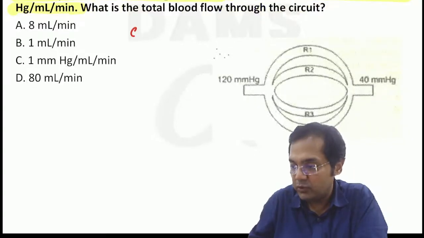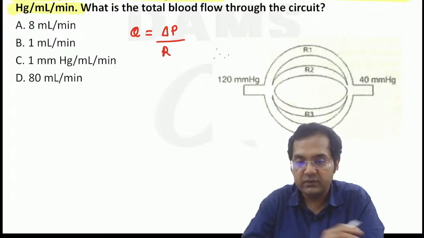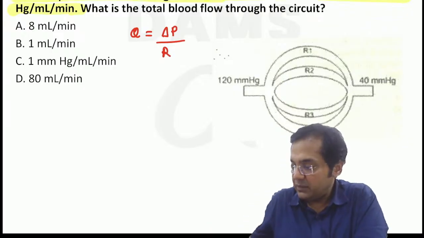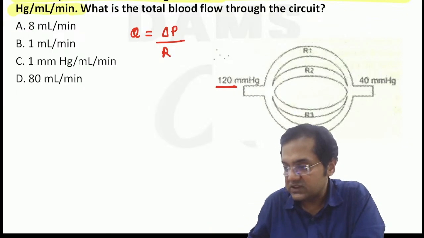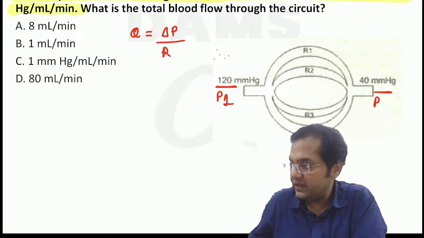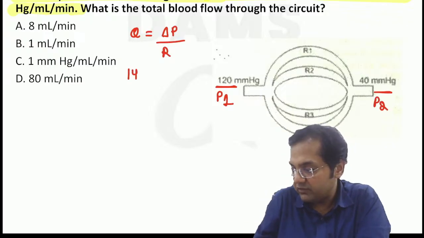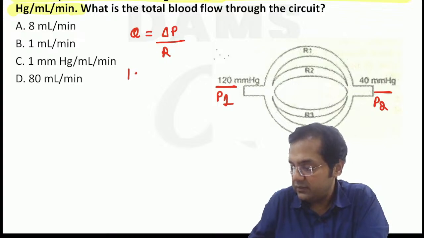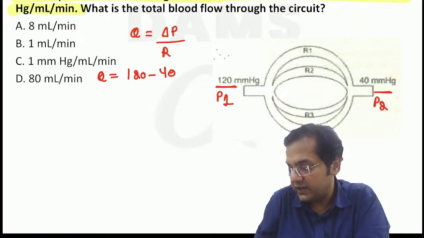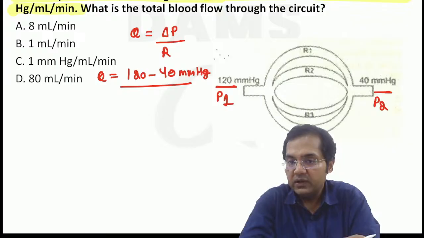Blood flow. Q is equal to delta P upon R, right? Now, delta P is going to be, remember, the pressure with which the blood is coming in is P1. The pressure at the other end is P2. So, delta P would be 120 minus 40, right? This is delta P, in millimeter mercury, of course, upon resistance.